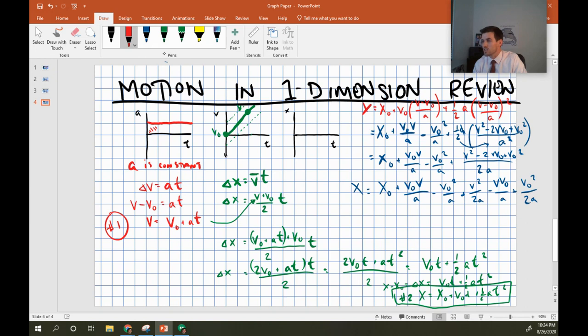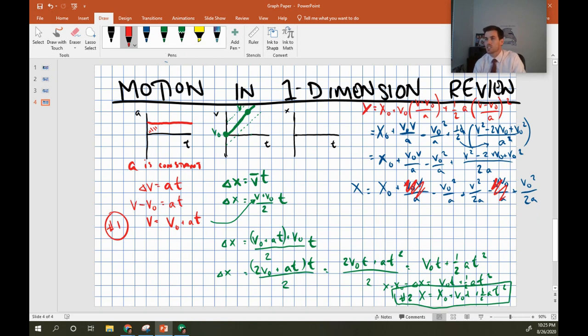If you're looking at it and starting to notice some things, yeah, we can probably get rid of or simplify some terms. I have a v naught v over a here and a minus v naught v over a there, so I can get rid of that term entirely. How very, very convenient. And then I have a minus v naught squared over a and a v naught squared over 2a.